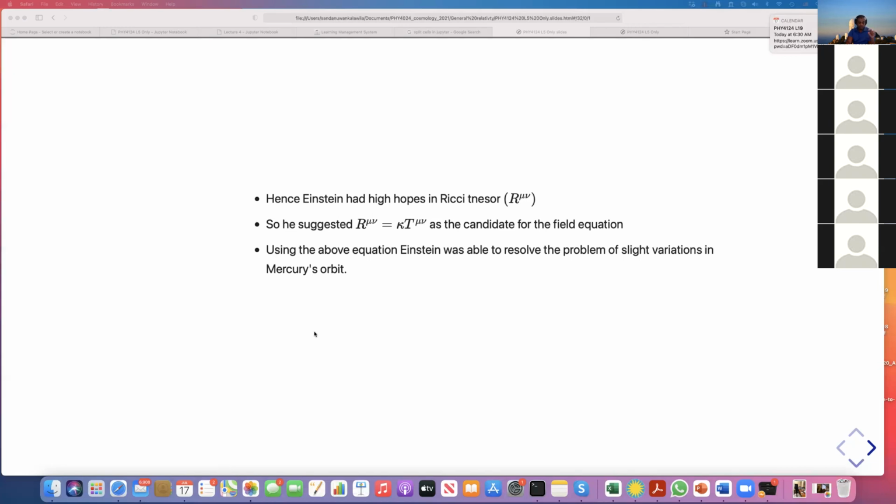It has this small wobble, which means it will follow an elliptical path, and the next time this elliptical path will be rotated a small amount, and the next time again it will be rotated like that, right? And because of that, they had this problem of how to explain it. And this rotation is a very tiny amount, as far as I remember, 43 arc seconds per century or something like that.